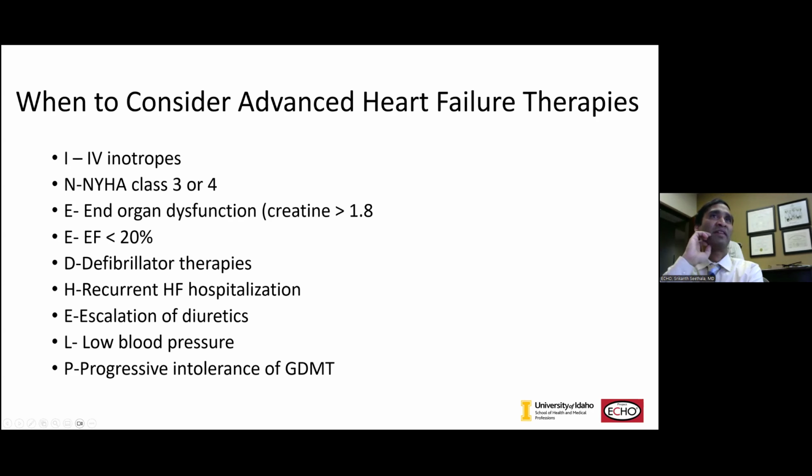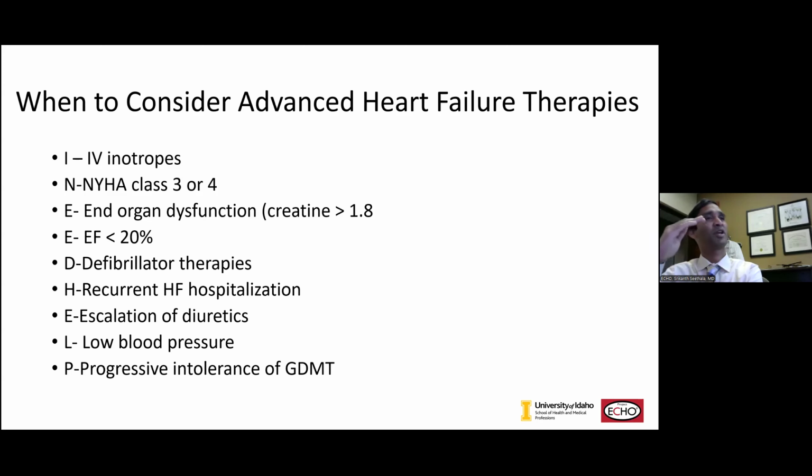And when to consider advanced heart failure therapies. Number one, when the patient is requiring IV inotropes, or is having significant symptoms, so that they cannot walk to the bathroom without having trouble breathing, or resting shortness of breath, or when we are having worsening of renal function like creatinine greater than 1.8, and LVEF is coming below 20%, and the patient is requiring more and more shock therapies and recurrent heart failure hospitalizations, and we need to go up on the doses of diuretics.